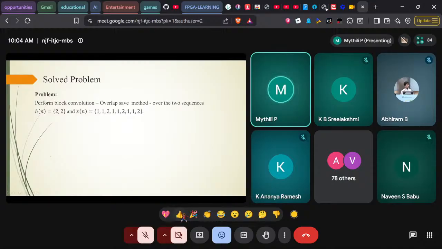So here, similar problem. There looks a pattern: 1 and 2, 1 and 2, 1 and 2, like that. So you will feel that you are going to divide this into blocks like this, right? Since we are padding from the previous block, there will be an extra block appearing.